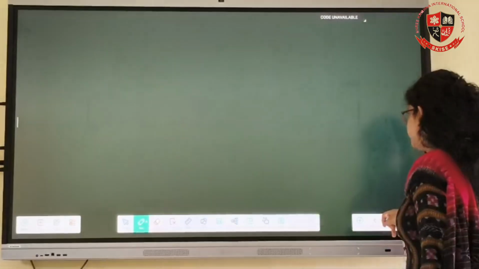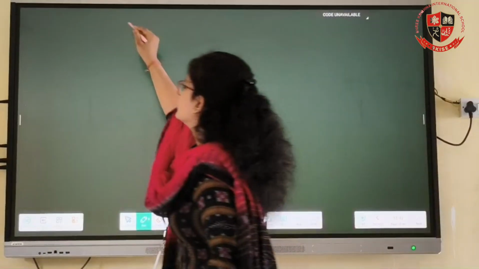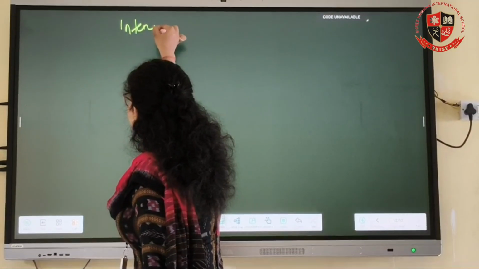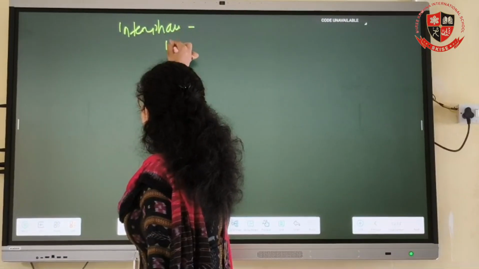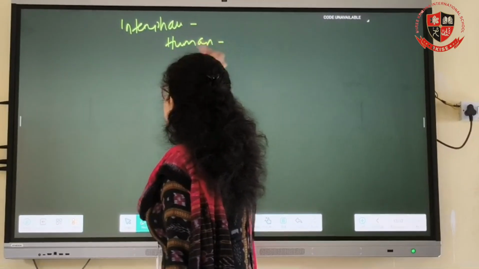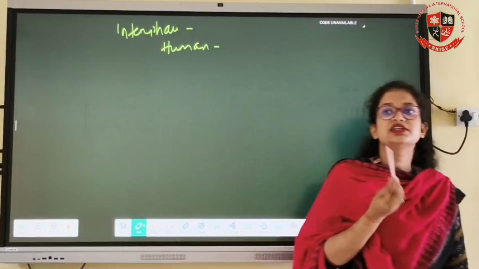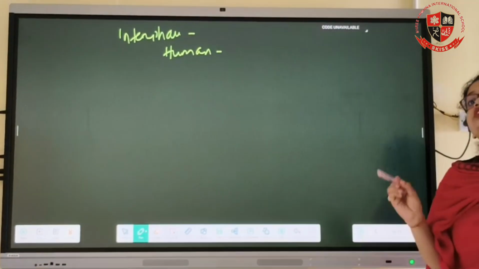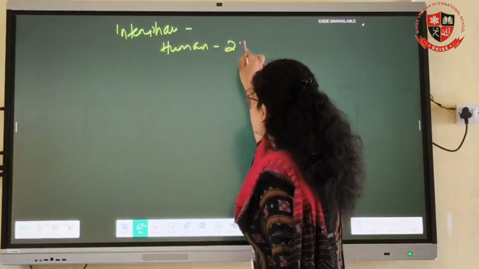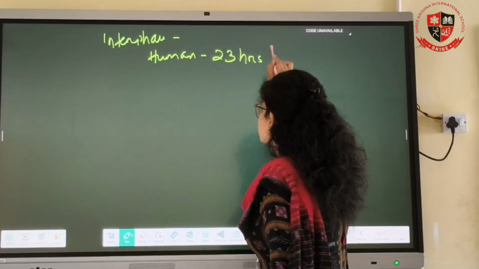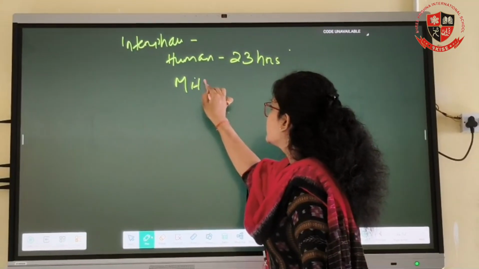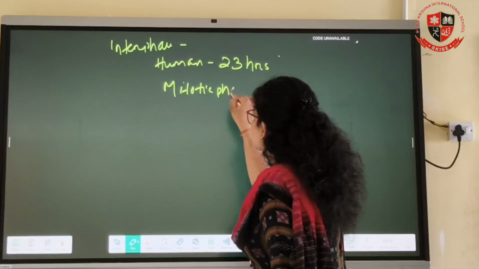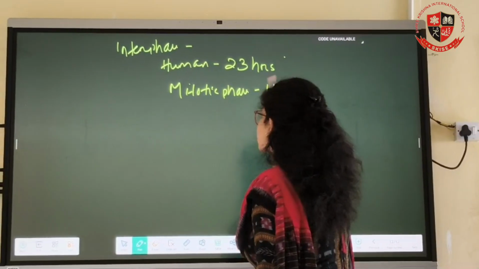Then in human, how much time does interphase take? In human, cell division time is 24 hours or 1 day, but interphase takes 23 hours, and the mitotic phase takes 1 hour.